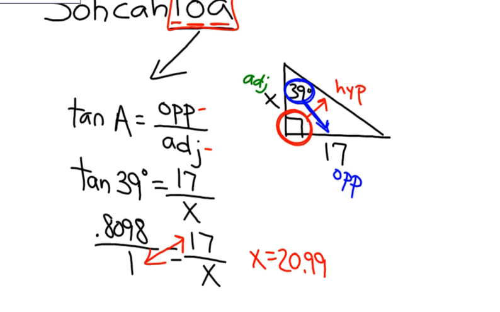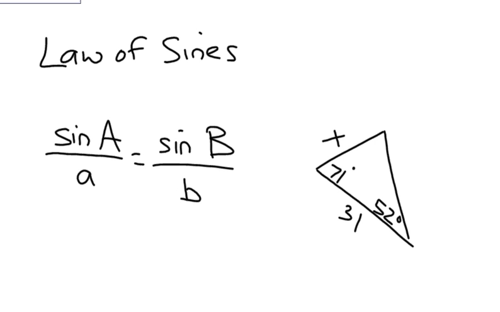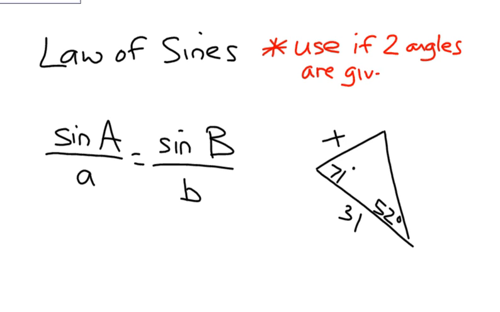Get my answer. If a triangle is not a right triangle, then I can use the law of sines or the law of cosines. Use the law of sines if two angles are given, whether they're numbers or x's.